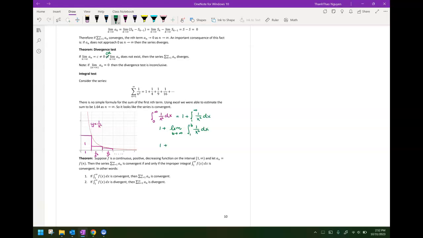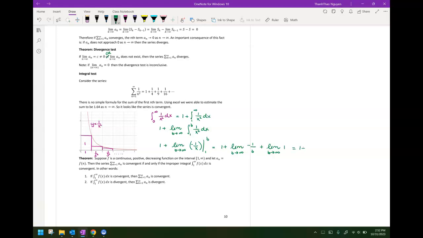That is 1 plus the limit as b approaches infinity of negative 1 over x, evaluated from 1 to b. So here we have 1 plus the limit as b approaches infinity of negative 1 over b, plus the limit as b approaches infinity of 1.